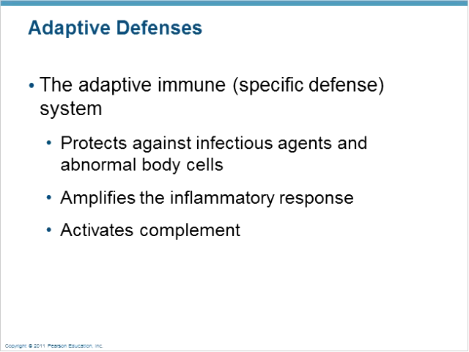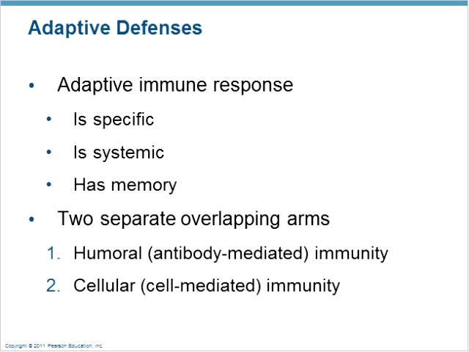It also activates complement. We talked about that before. The adaptive immune response is, like I said, specific. It's systemic. It affects the whole body, and it has a memory. That means that once we've reacted to a certain kind of antigen, the body's ability to react to it in the future is much better because it has some memory that it has happened before.